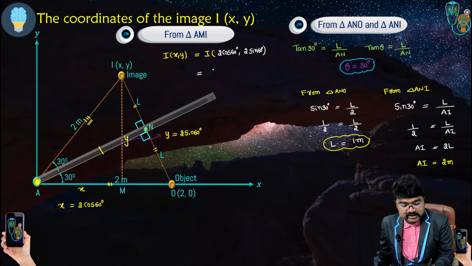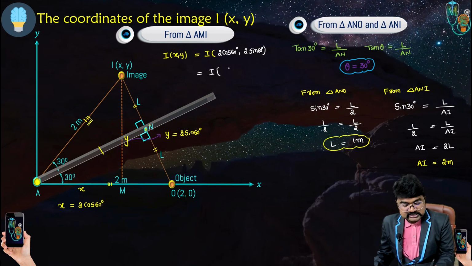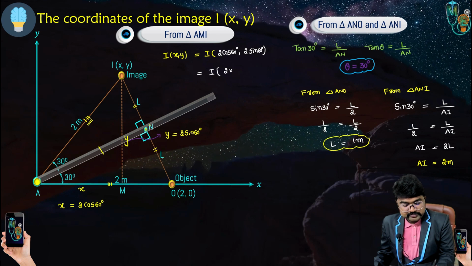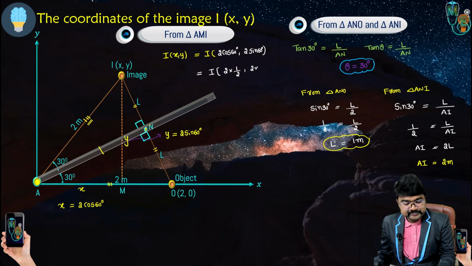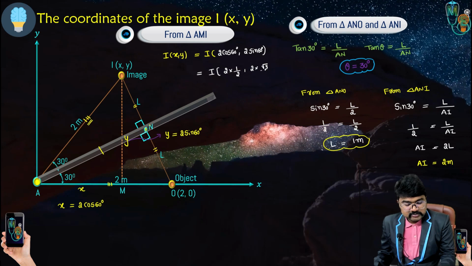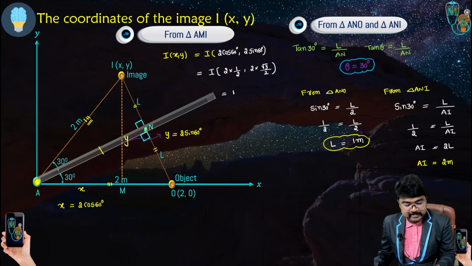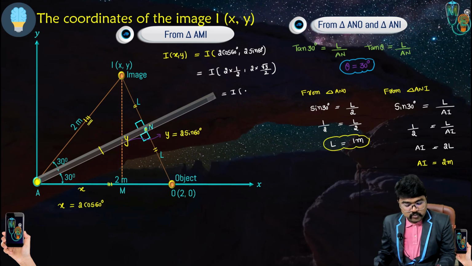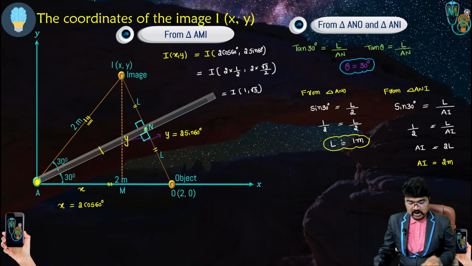Finally, what are the coordinates of the image? 2 cos 60 is nothing but 2 into 1 by 2, and 2 sin 60 is 2 into root 3 by 2. So finally you will be getting I(1, root 3).